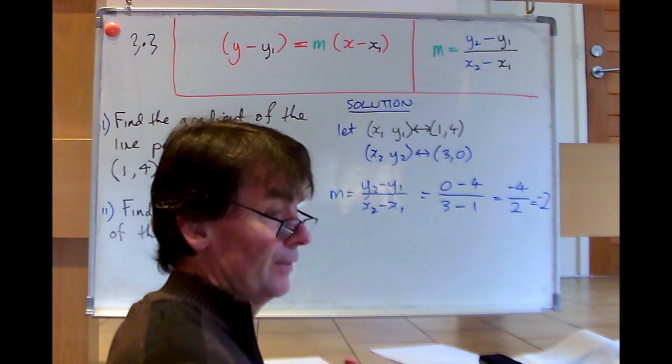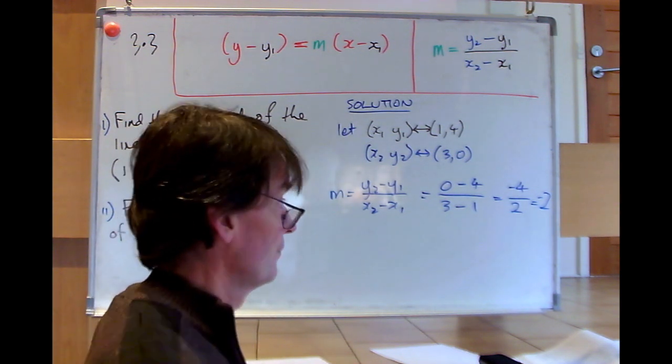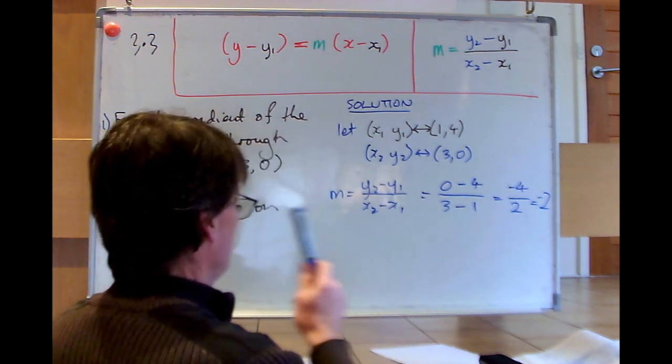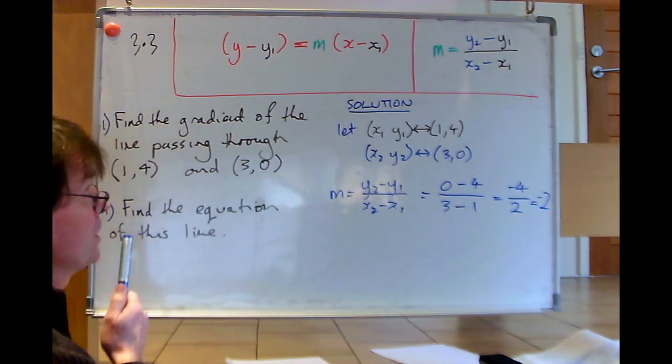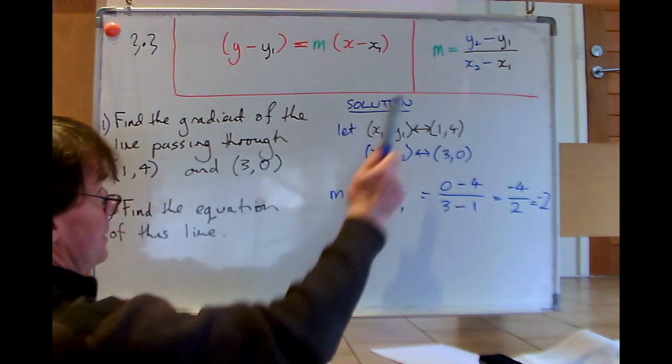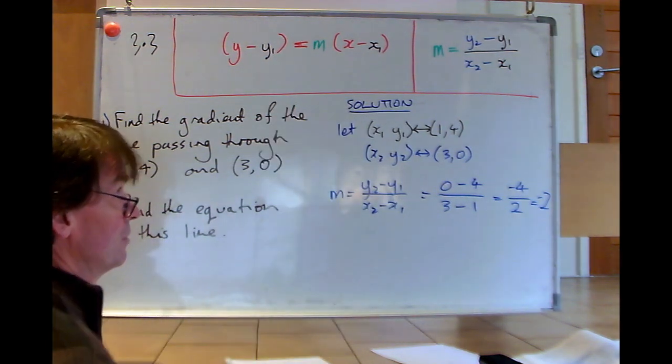And so I can figure out my gradient. Likewise, to figure out question 2, to find the equation of that straight line, instead of using this rule, I'm now using that rule.